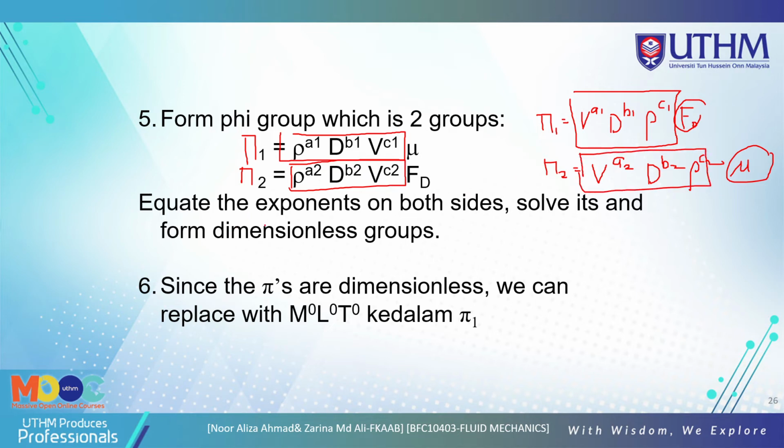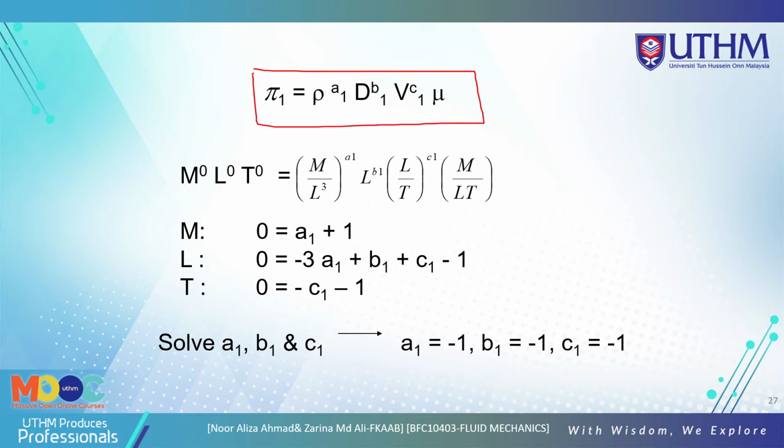So equate the exponents on both sides, solve for each, and form the dimensionless groups. Since the pi's are dimensionless, we can replace them with M0 L0 T0. In pi 1, in this example, we use pi 1 equal to density to the A1, diameter to the B1, velocity to the C1, times the dynamic viscosity.